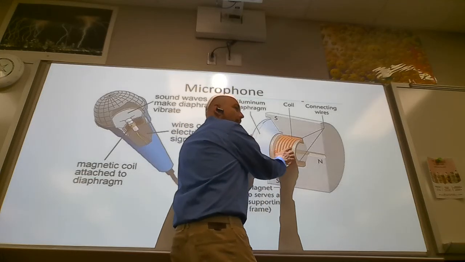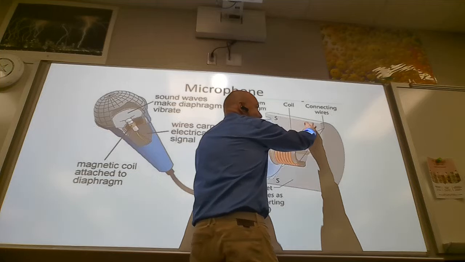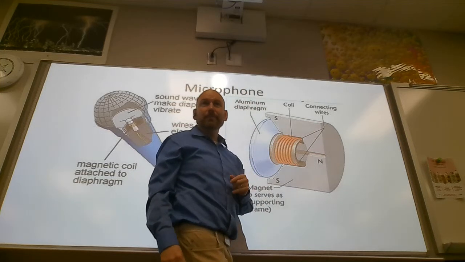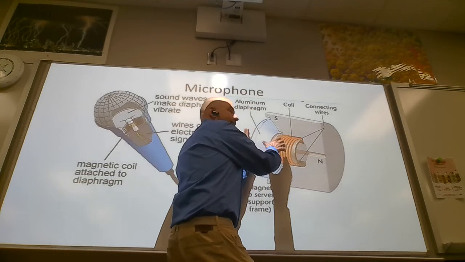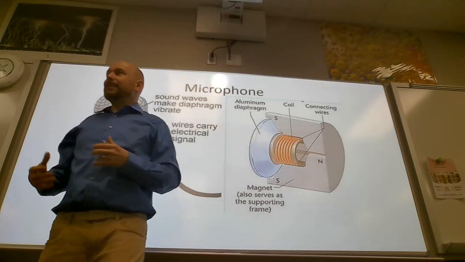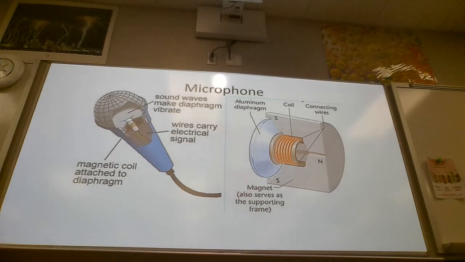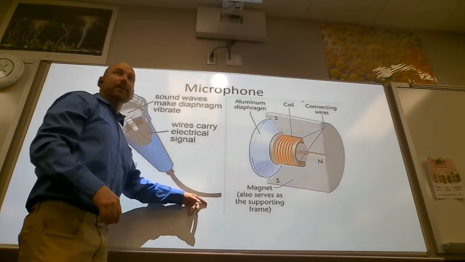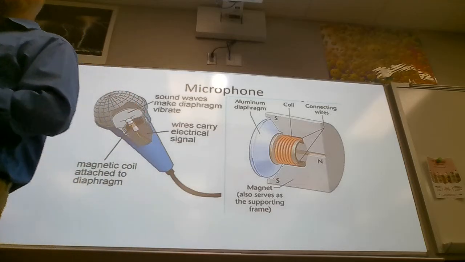That moving coil of wire is housed in a magnetic field. So as this goes back and forth, this conductor is experiencing a changing magnetic field. If a conductor is experiencing a changing magnetic field and it's hooked up to a circuit, current is created.